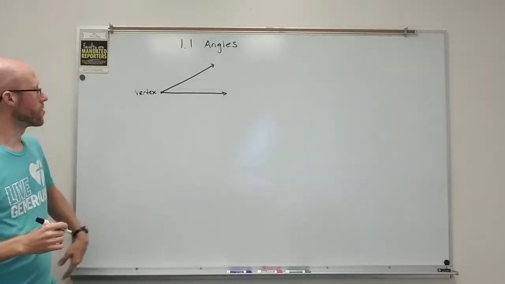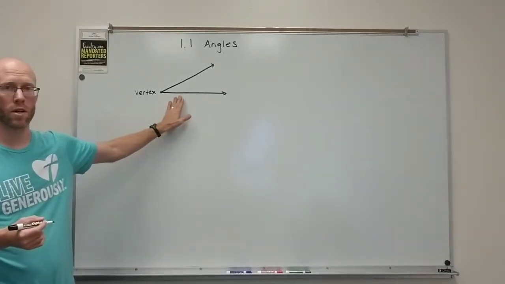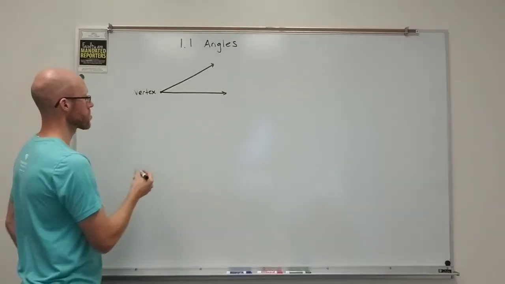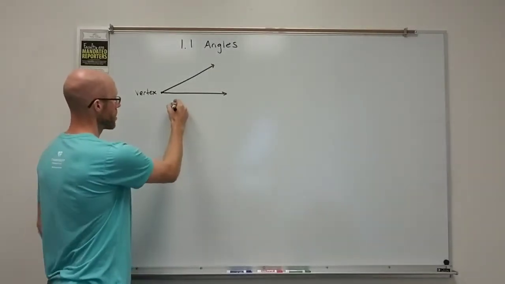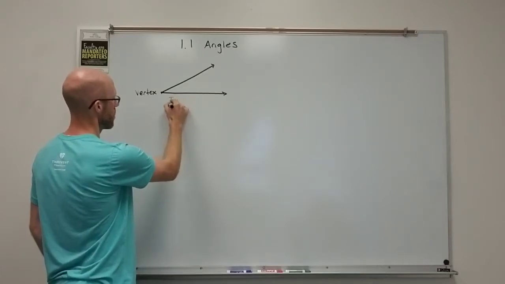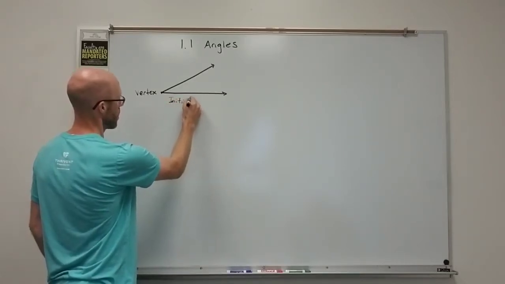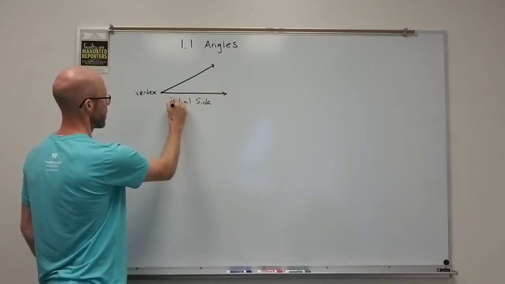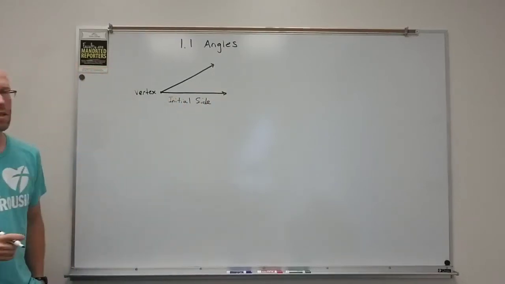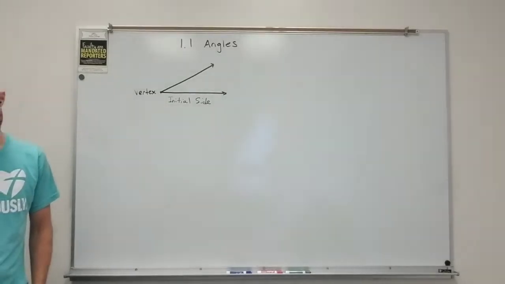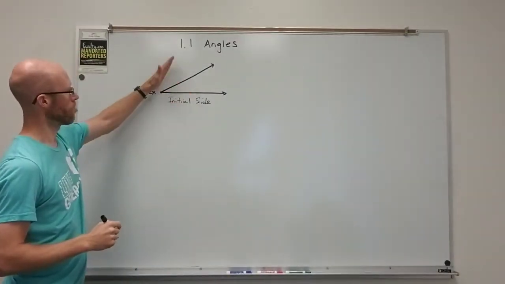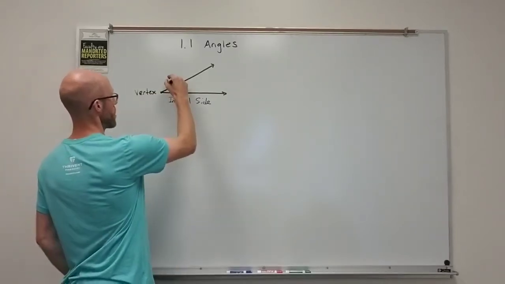The first ray that I wrote down, this kind of fixed ray, is called the initial side. That's the initial side of the angle, and the other ray, where it opens up to, is called the terminal side.